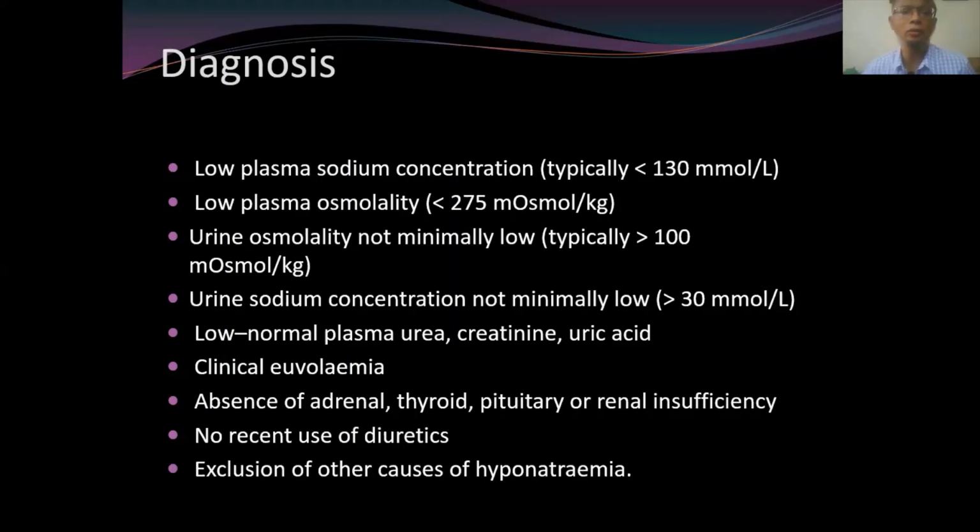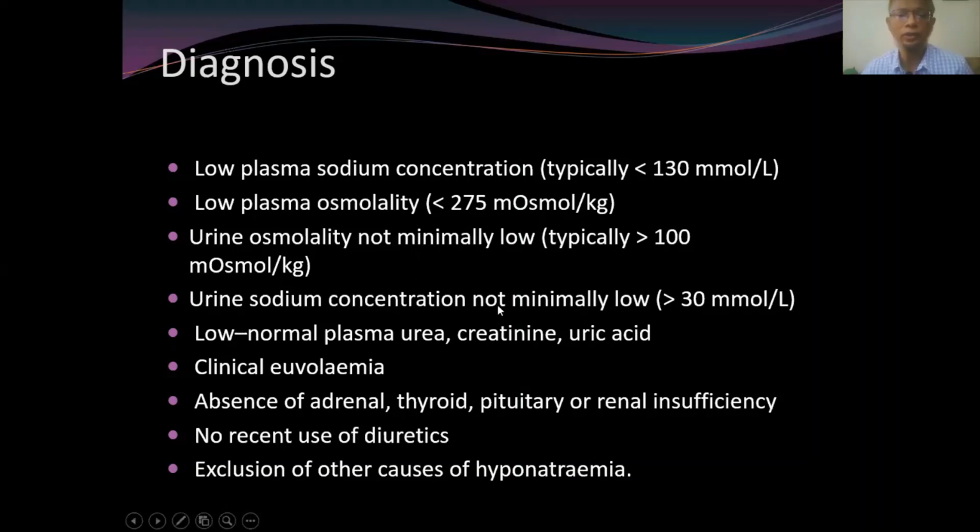When there is low plasma sodium concentration, usually less than 130 milliequivalent per liter, low plasma osmolarity, that is less than 275 milliosmol per kg, but urinary osmolarity not minimally low, typically more than 100 milliosmol per kg. So these three things are very important when you are diagnosing a case of SIADH.